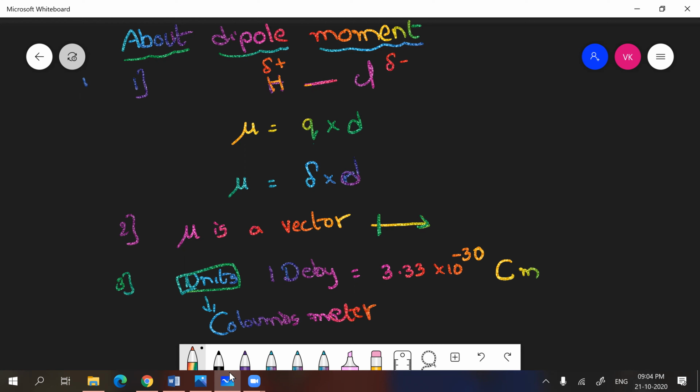So charge is indicated with coulombs and distance is indicated with meter. So that you have to remember when you want to do problems. So it has to be useful. Now, what is the value of 1 Debye? 3.33 times 10 power minus 30 coulomb meters.